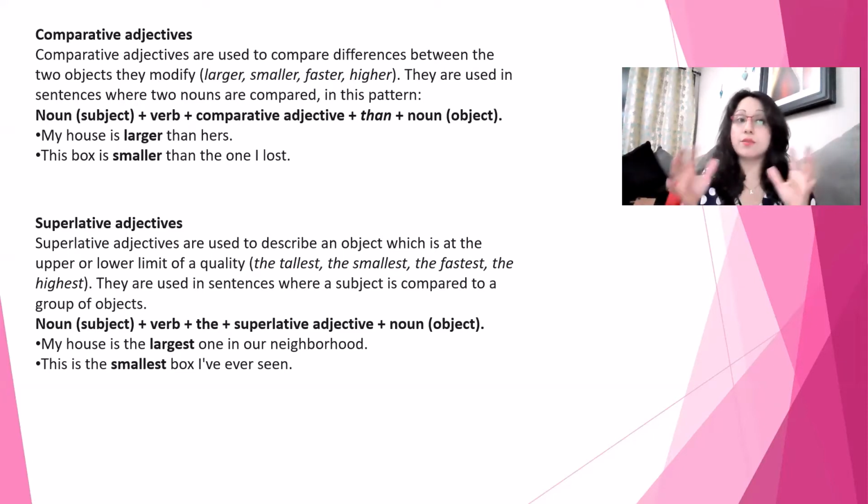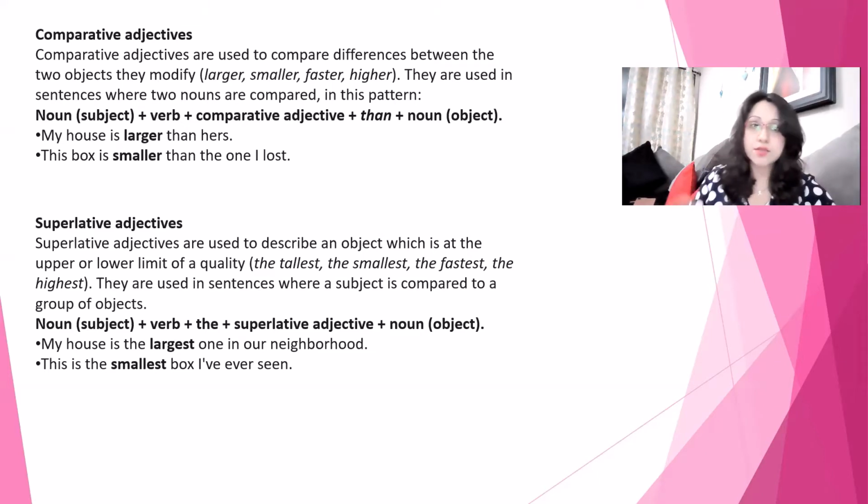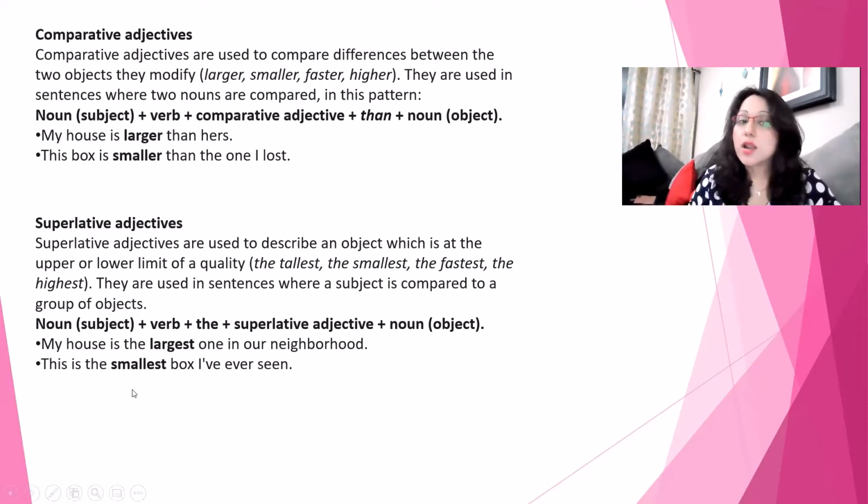But when you are going to compare your house with all the other houses in the locality, so when you say my house is the largest one in our neighborhood, that means now you are comparing your house to all the other houses, not just one. Okay, so with comparative, we compare two things. With superlative, you are going to compare it with all the other things in a group.